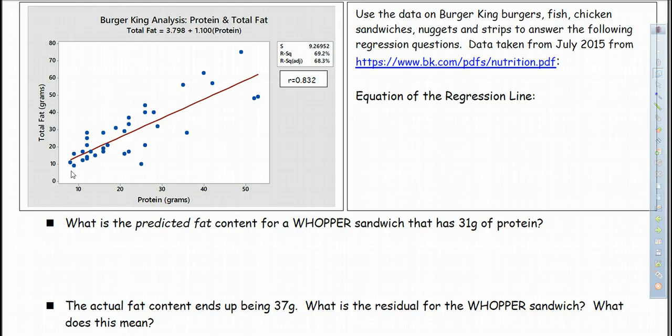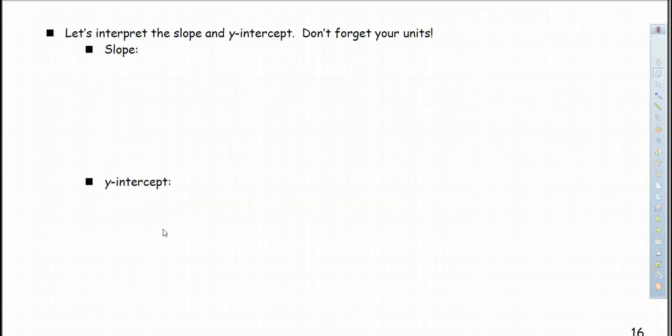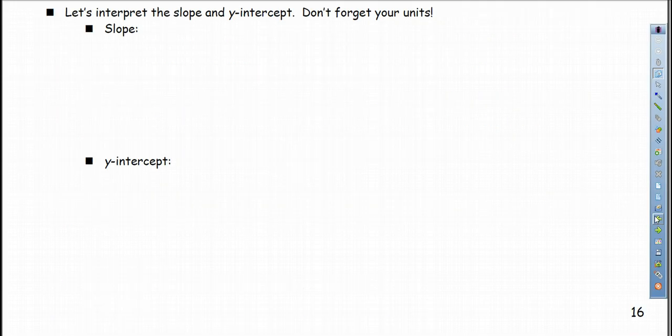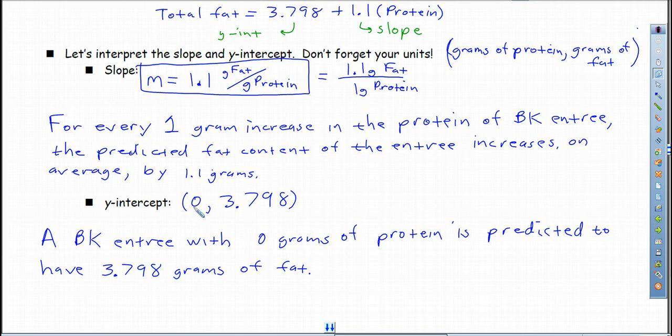Looks like 8 grams of protein would be the minimum, so 0 would be outside the scope of the data, which makes this an extrapolation. And remember, oftentimes, the y-intercept may be an extrapolation or will be an extrapolation. So it's not uncommon for it not to make sense to actually happen, but this is what the interpretation is.